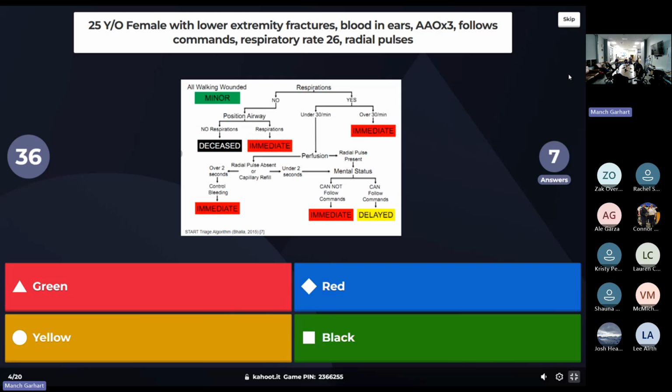I don't know. Could be multiple fractures on the same extremity. All I would read into that one is non-ambulatory.